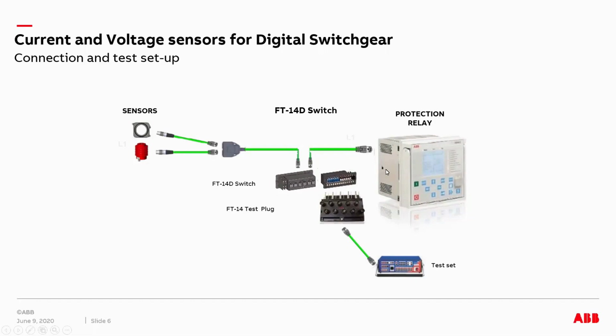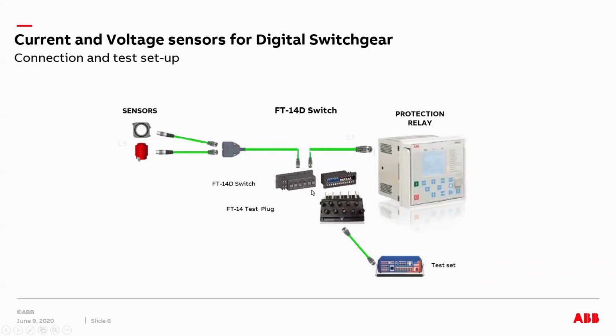If you look at a relay with the current sensor input, you will not see the traditional CT and PT terminal blocks. Instead, you will have 3 RJ45 type inputs. Now, associated with this FT14D digital switch, you have a test plug available as well. This is basically for ease of testing.